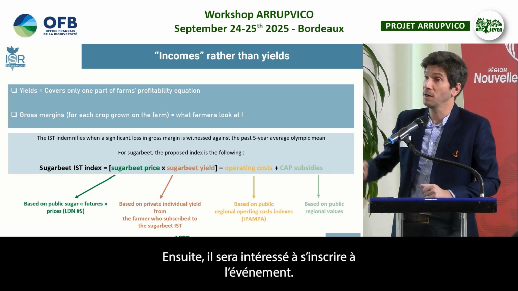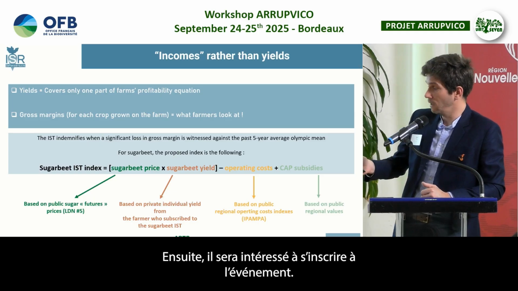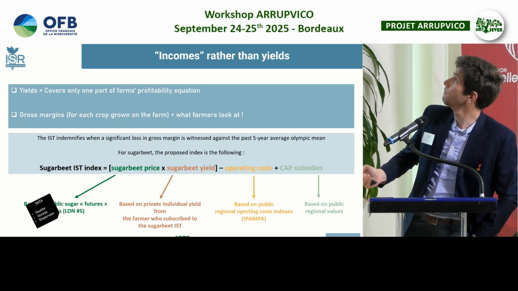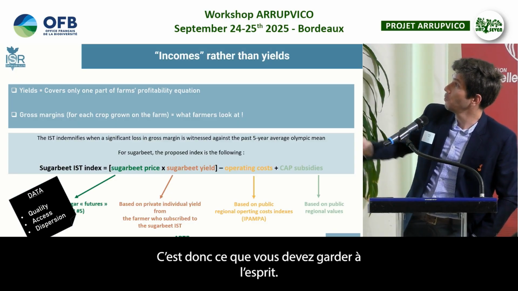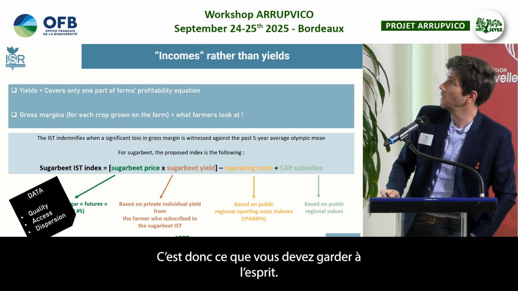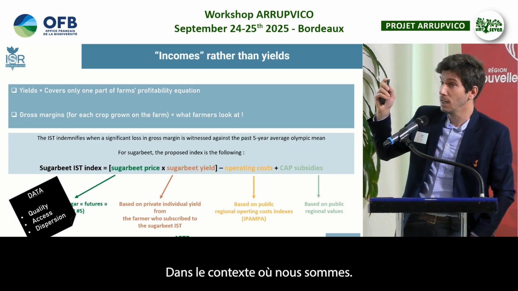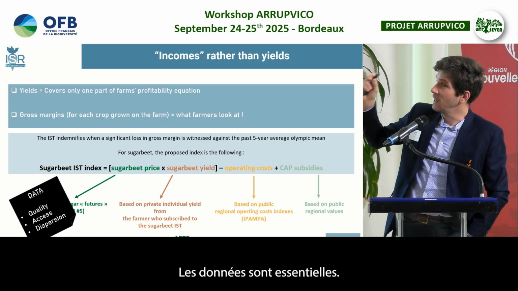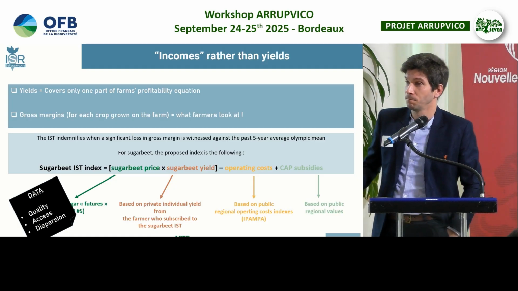Then he will be interested to subscribe to the tool. So what you need to keep in mind is that in the context that we are in, data is critical.